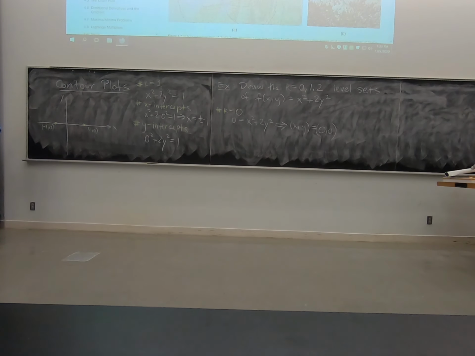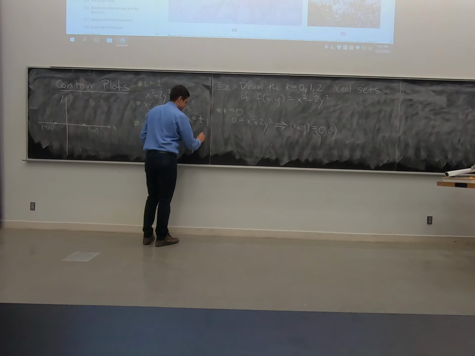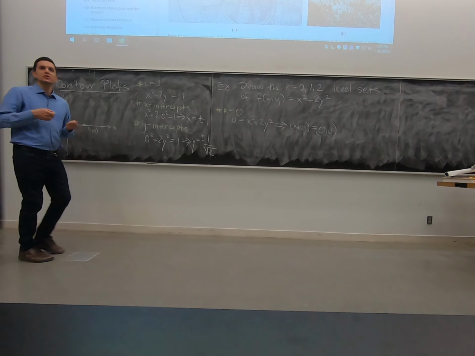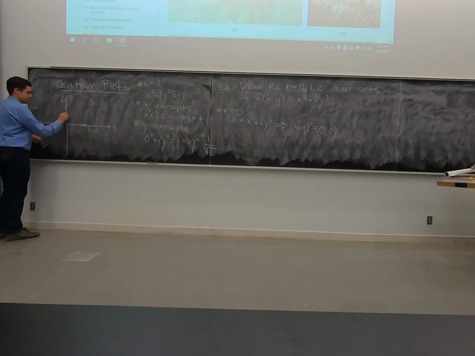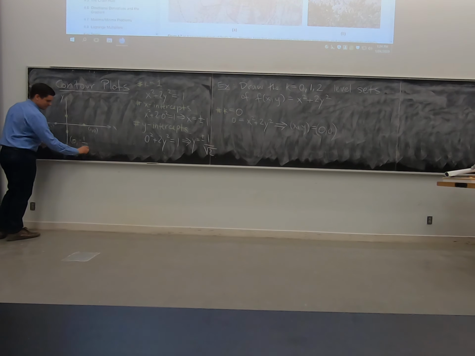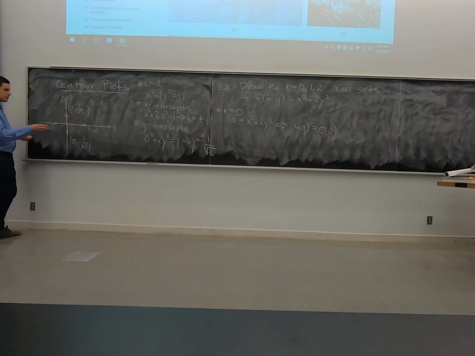So we set x to be 0. We solve for all the y that make this possible. Plus or minus 1 over root 2. And we get sort of an ellipse.